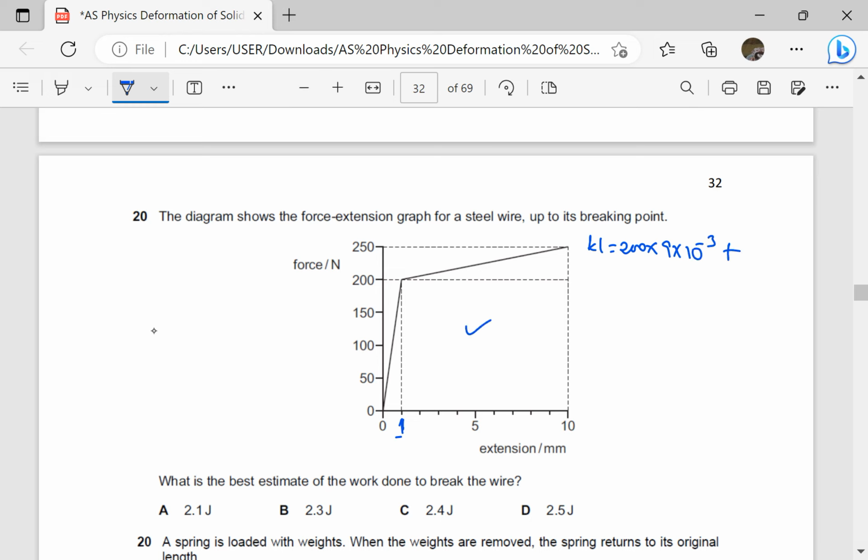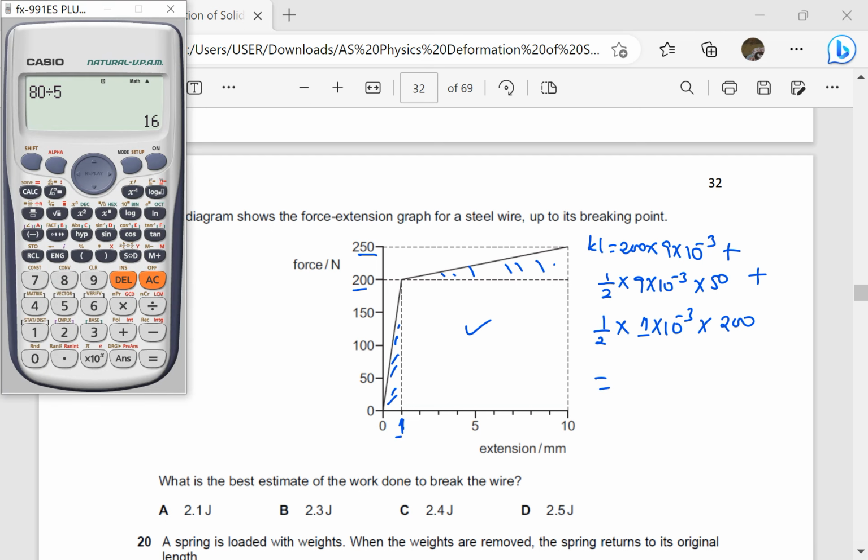Then plus, I'll add the area of this triangle here, which is a half times the base, which is also 9 times 10 power negative 3, times the difference between 200 and 250, which is 50. Then plus, I'll add the area of this triangle here, which is a half. The base is going to be 1 times 10 power negative 3, times the height, which is 200.